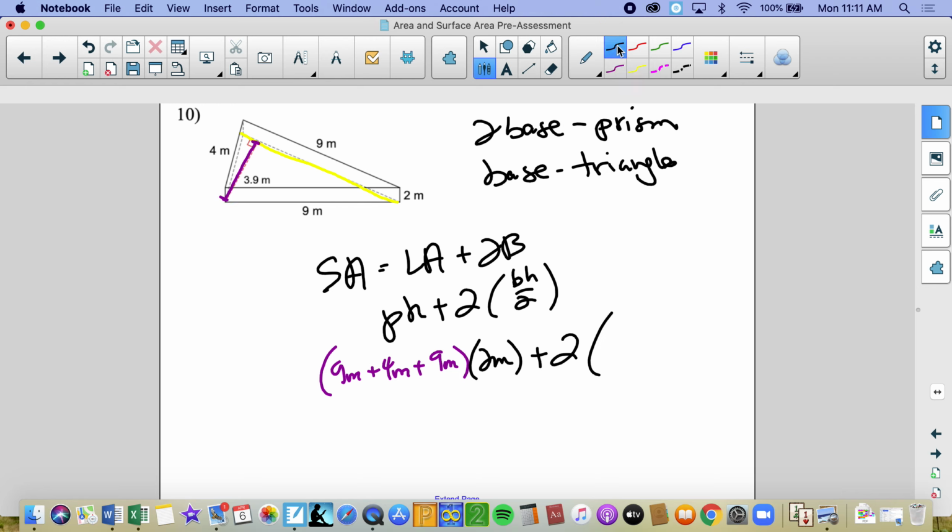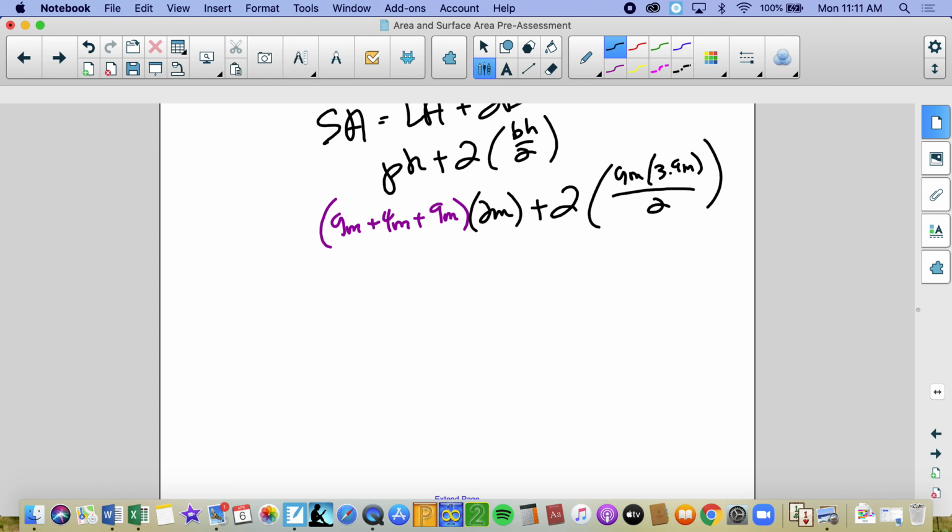So my base is going to be 9 meters times the height, which is 3.9 meters, divided by 2. That would be my base area. So let's start simplifying. 9 meters plus 4 meters plus 9 meters gives me 22 meters times 2 meters times the height. This is the perimeter.